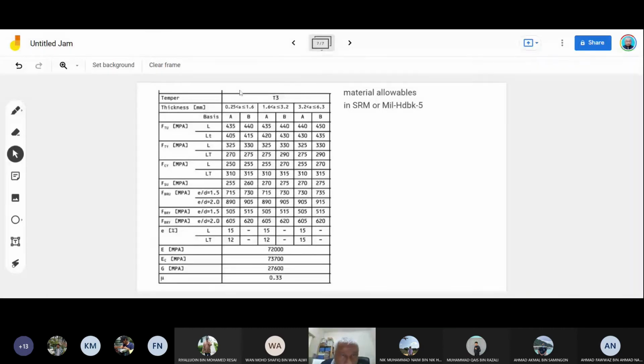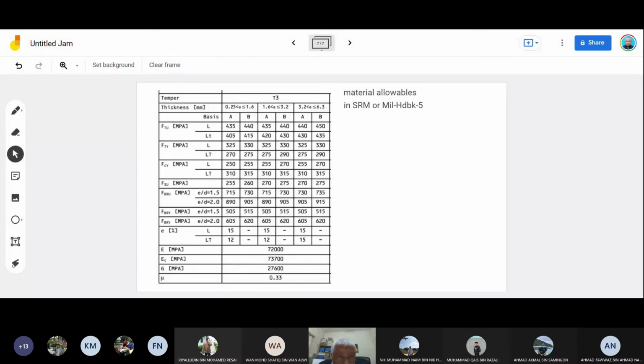Okay, you can see here, this is material 2024 T3. There are more options here, T3, T4. The T here is tempering, heat treated, and the material will be heat treated to be able to be strengthened to what level that you want.